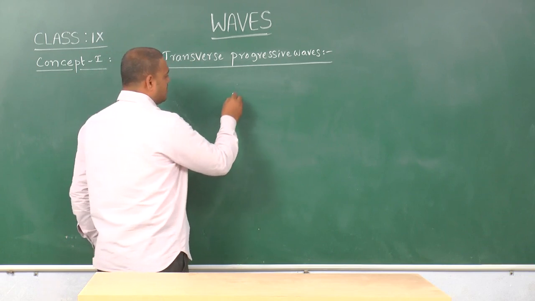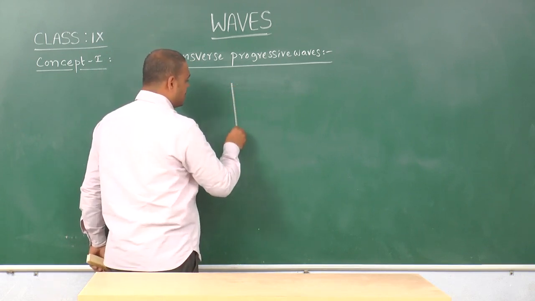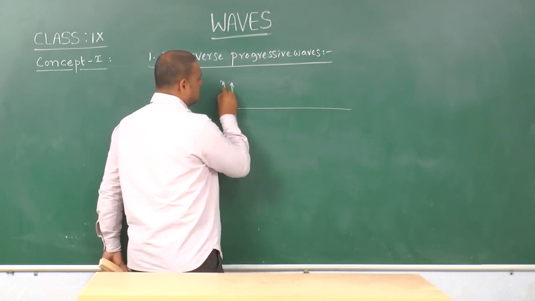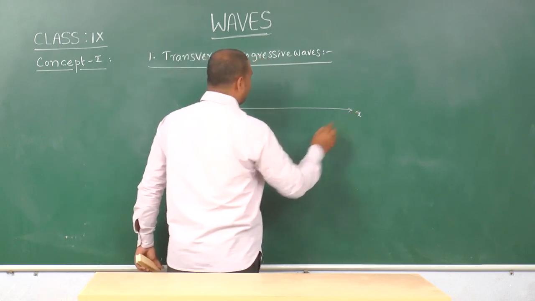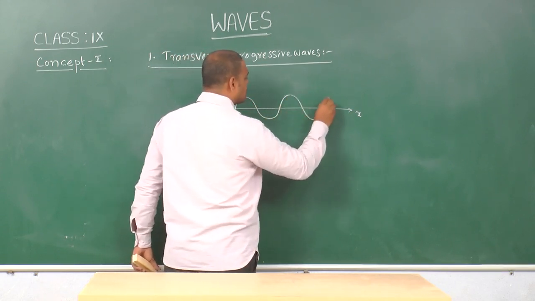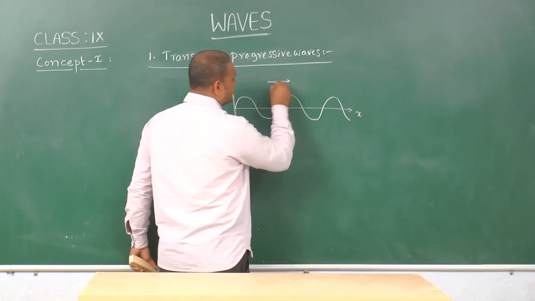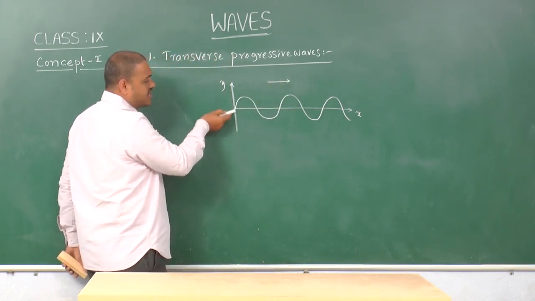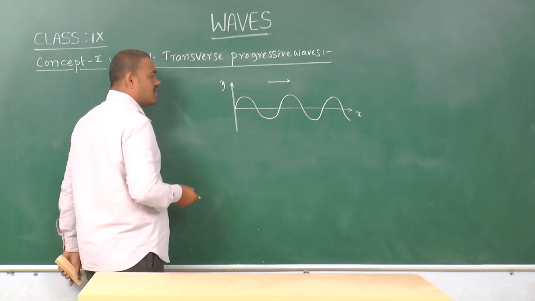The properties of these types of waves are: the wave is moving like this into an infinite medium. The particles are oscillating in the y direction and the wave is moving along the x axis.